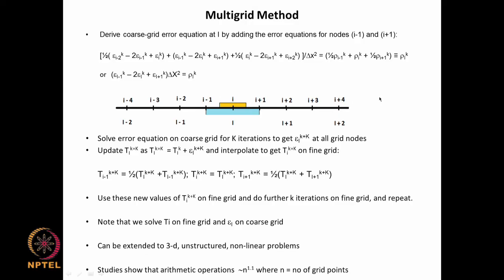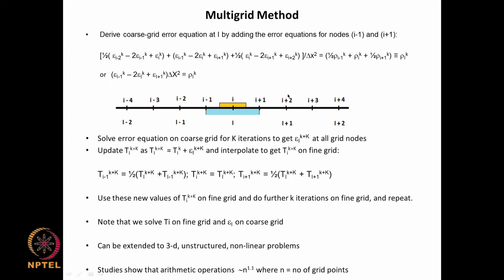You solve the original equation in terms of the true variable, in this case temperature, on the fine grid, and after a certain number of iterations you estimate the residual and then solve the error evolution equation on the coarse grid. Once you get the error estimate on the coarse grid, you estimate the solution on the fine grid, and with this improved solution you do further error reduction.